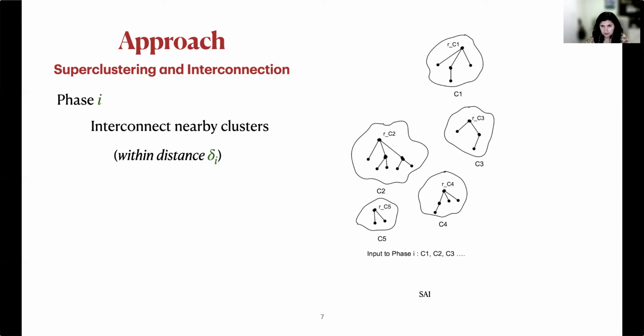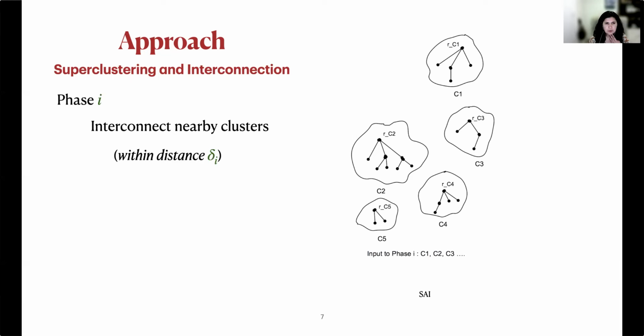In the first phase, each vertex is a cluster in itself. And in phase I, our goal is to interconnect all the nearby clusters which are within distance delta I from each other. We interconnect the clusters by adding shortest paths between the respective centers, or by adding weighted edges between the centers in case of hopsets.